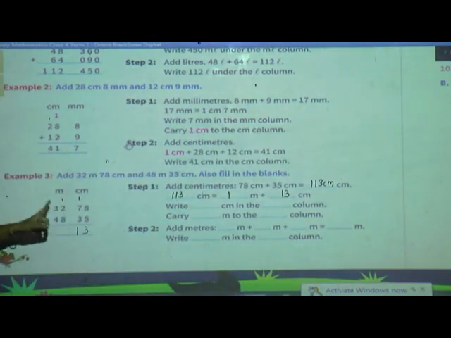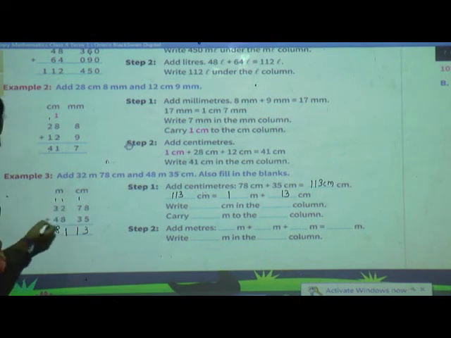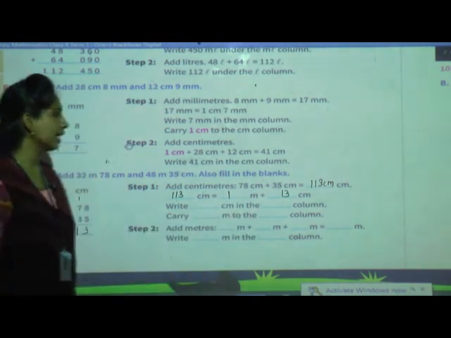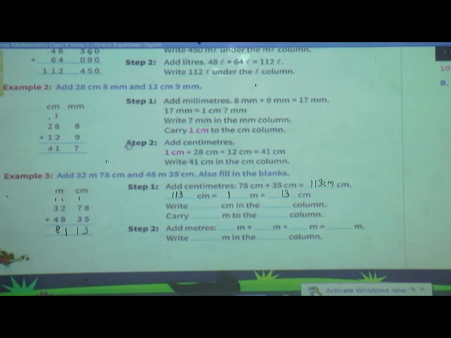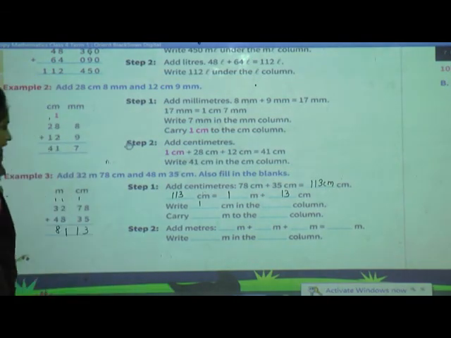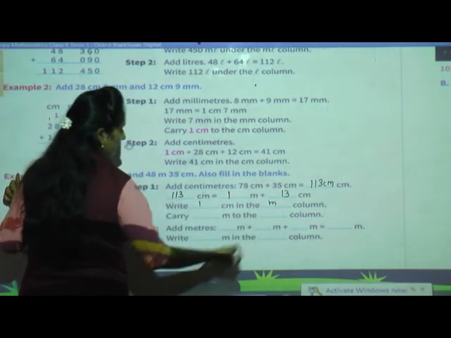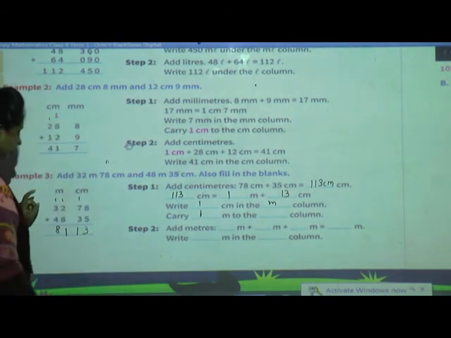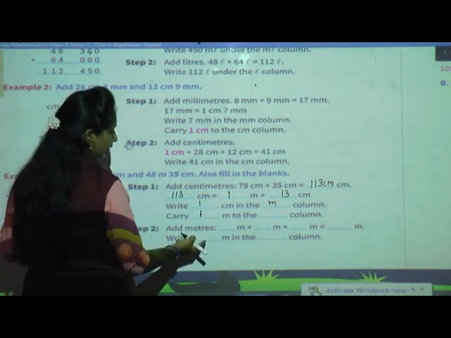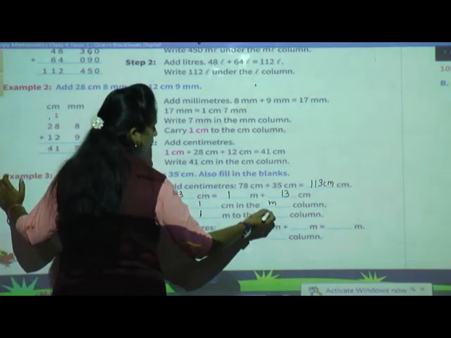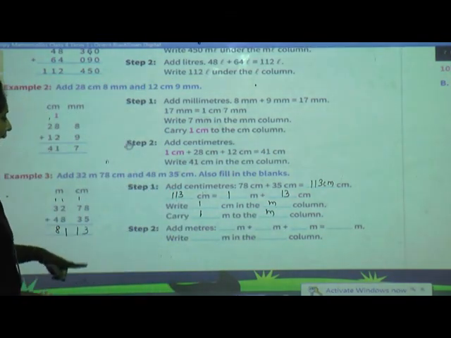So the next we have to add this. 8 plus 2 is 10, 10 plus 1 is 11, carry 1, 3 plus 1 is 4, 4 plus 4 is 8. Write 13 centimeter in the centimeter column, and carry 1 meter into the meter column. Now add meters.